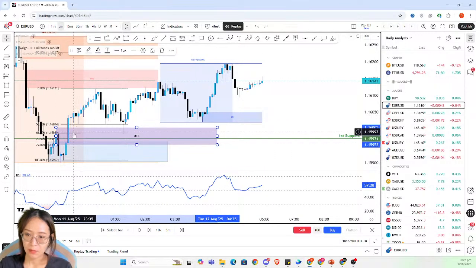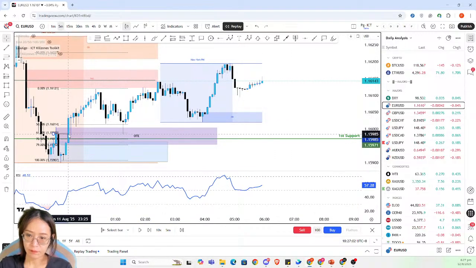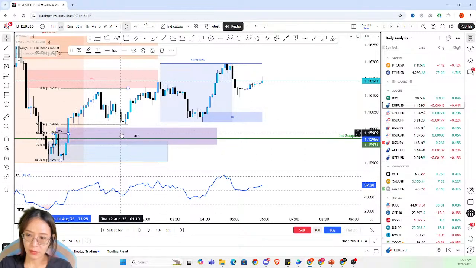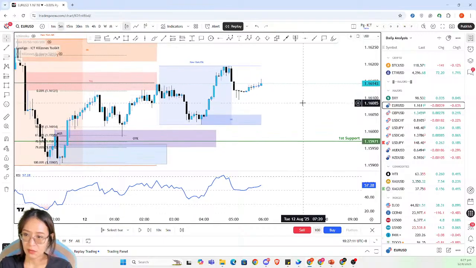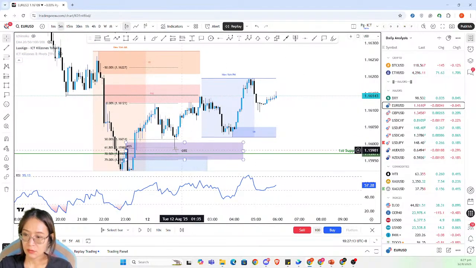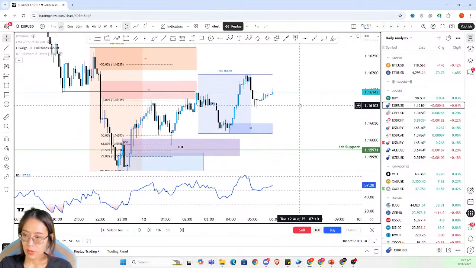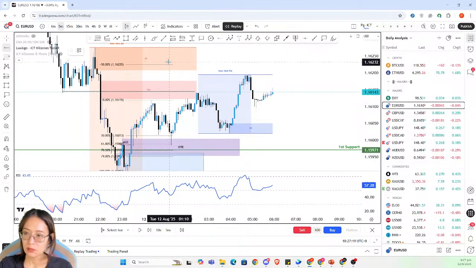You can see that the market structure shift is here. Price pulls back up again with 61.8% from this high, right? And then price is rising from this.